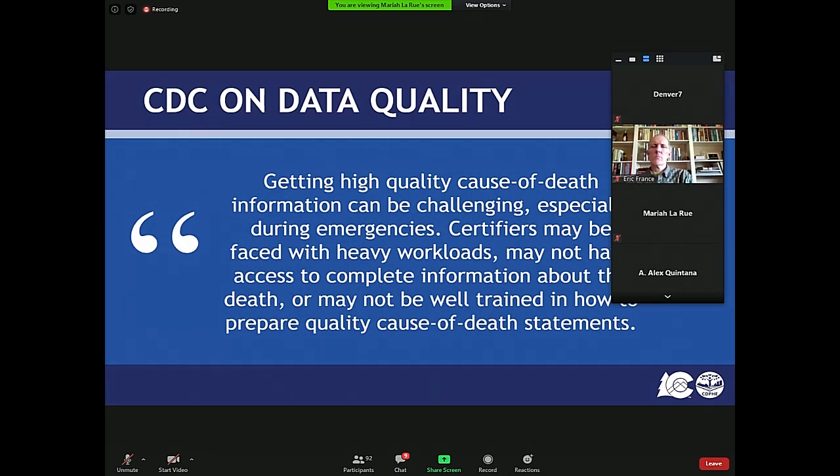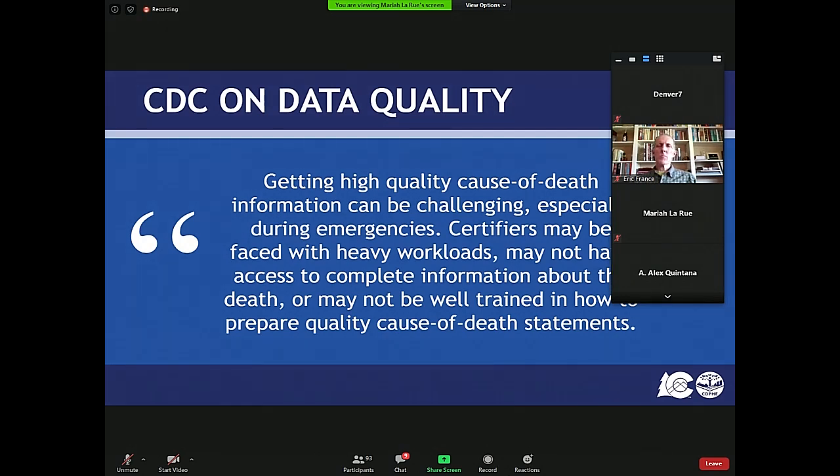This is CDC's quote, but we acknowledge that obtaining high-quality cause of death information is challenging, especially during emergencies where there's new information and where guidance may take time to develop for both how to, say, register death certificates, just as in any area of epidemic response, but also for the processing of those death certificates and interpretation of that information.